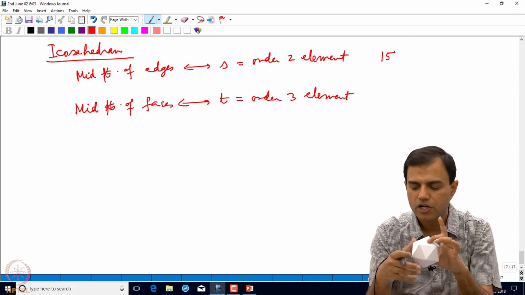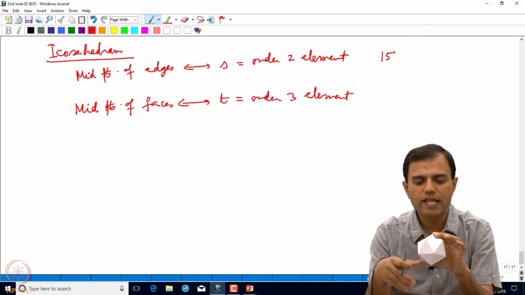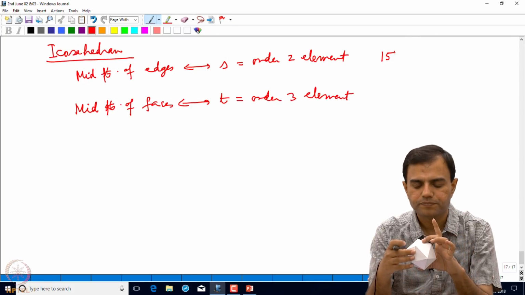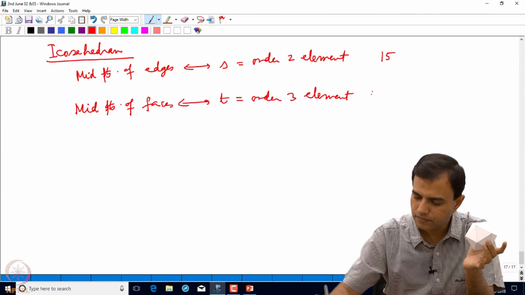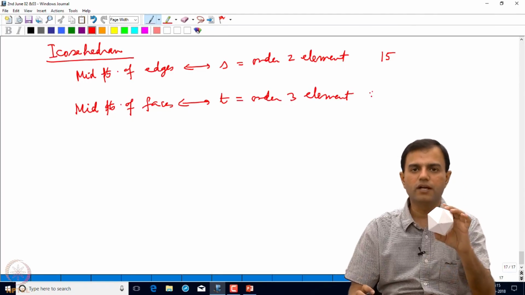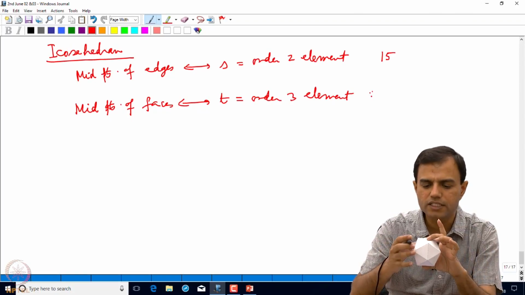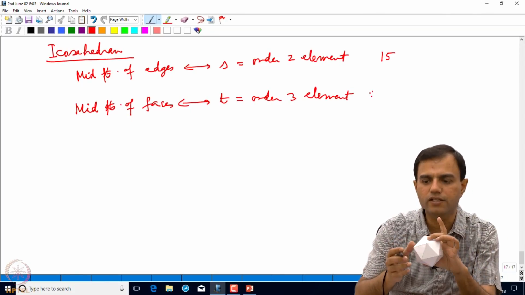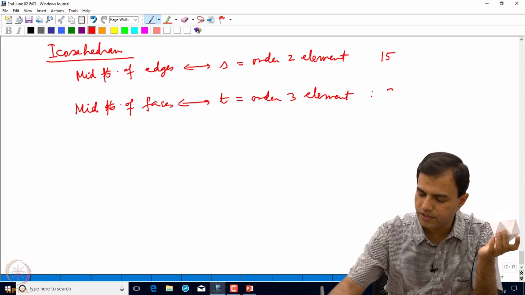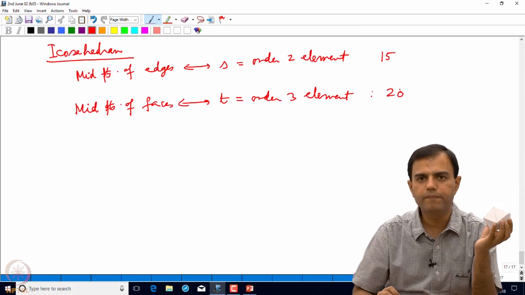Again, there are 20 faces, so there are 10 possible choices, and each is giving you 2 non-identity rotations. So what you have is 20 of them.